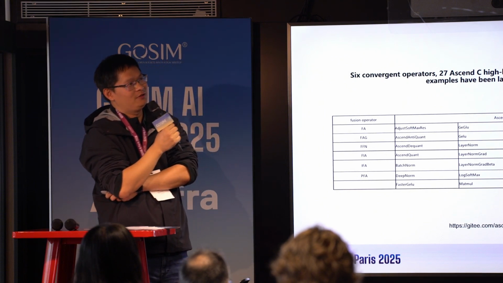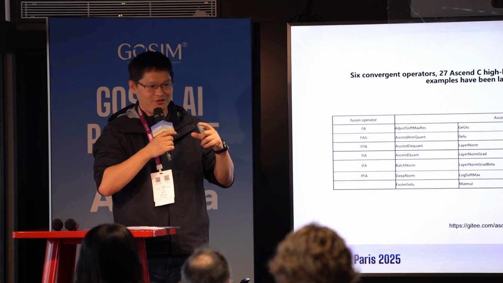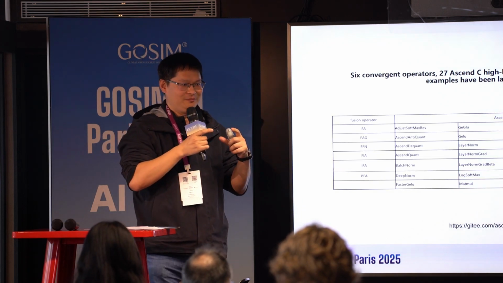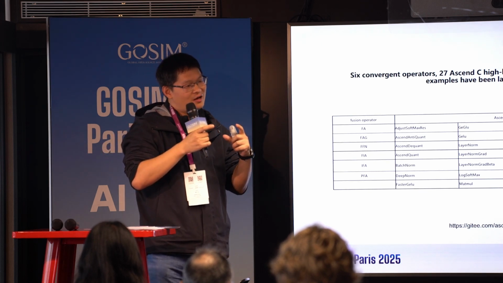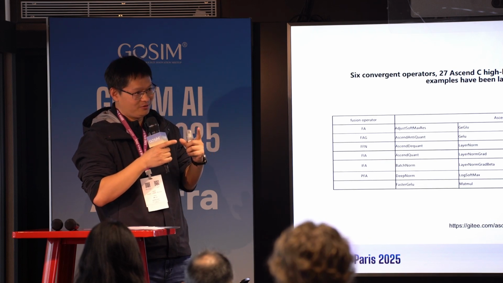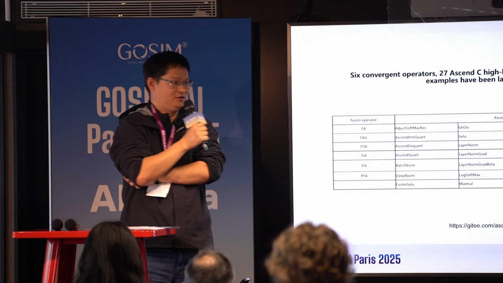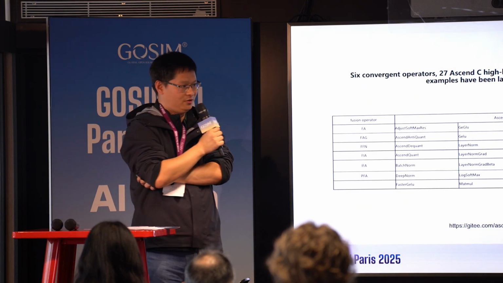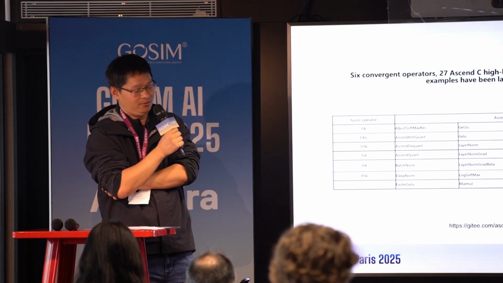In previous years, especially for the small models, maybe you know that there are more than 100 operators in one model, just in one model. So in this case, users need to write the operators one by one. It's very difficult for developers.